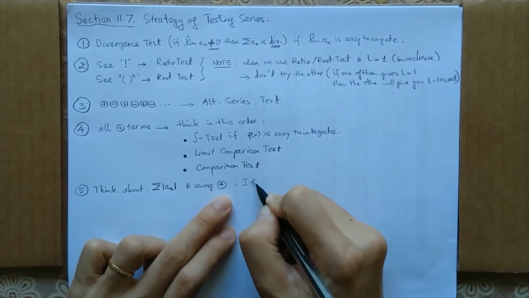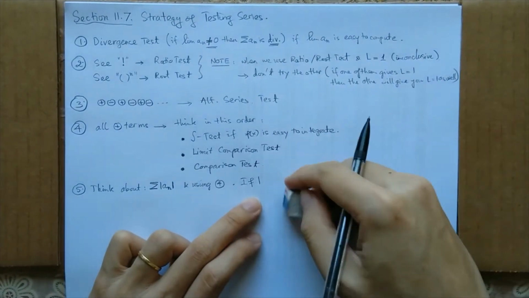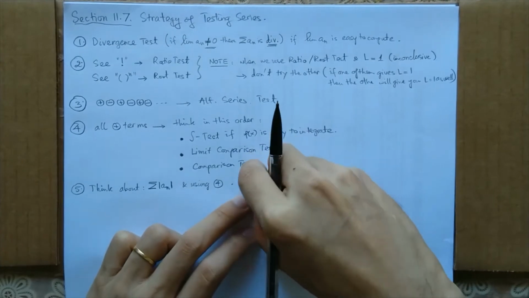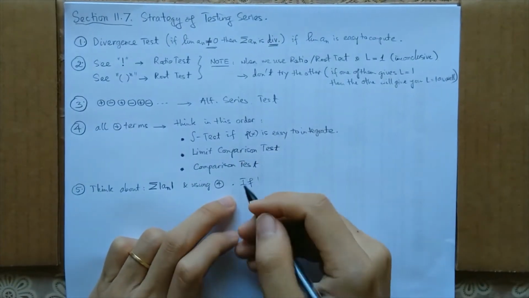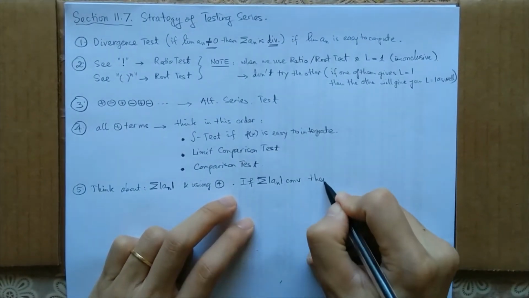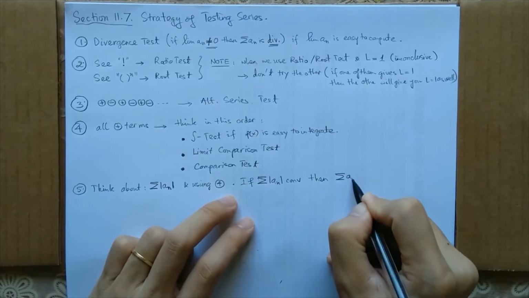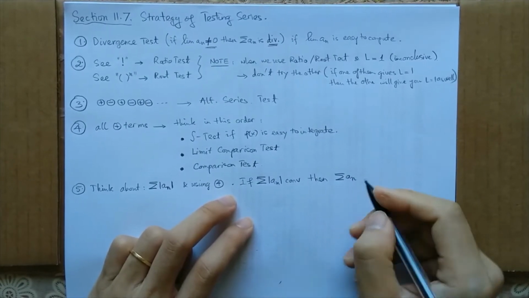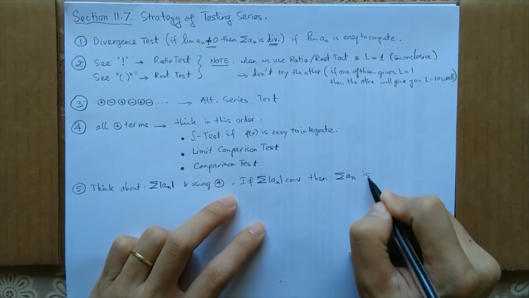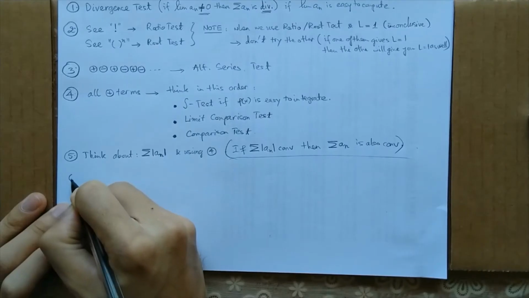Remember, if the series with the absolute value sign is convergent, then the series without the absolute value sign, which is the given one, is also convergent.